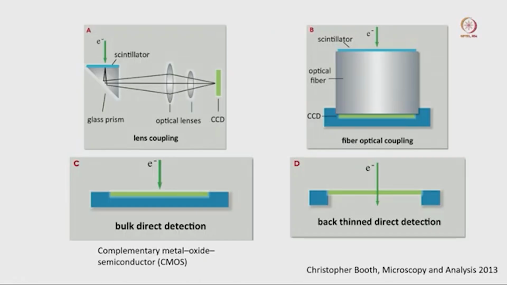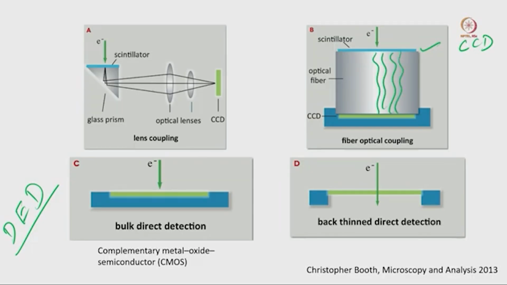Now, this is the difference we can see between a charge coupled device, the CCD camera, and what you can consider a direct electron detector. With the charge coupled device, as we discussed already, the electron interacts with the scintillator, which converts it to a photon that travels through this optical fiber to a sensor, and from the sensor the recording is transferred and we get an image.